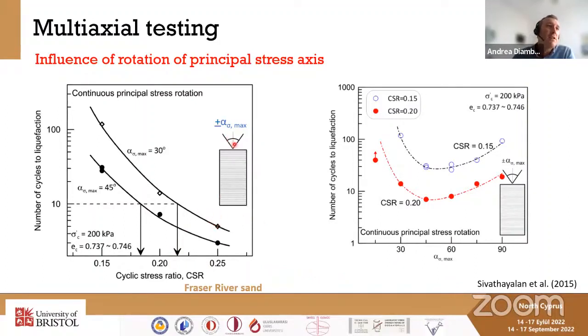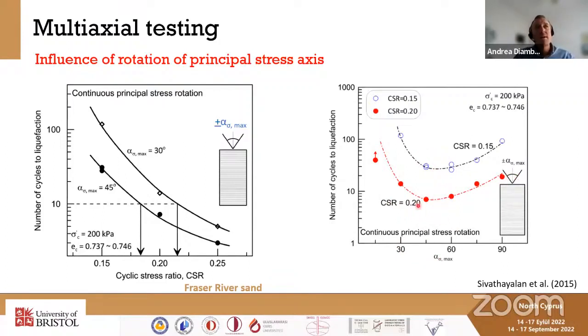In this case, instead of changing the orientation, they made the principal stress reorient between different angles, with an amplitude of 30 degrees and 45 degrees. They actually find, and you can see the number of cycles to liquefaction versus the amplitude of this cycle, that there is a minimum. It's a very similar trend to what I've shown you before, but the results are completely different, because before we were talking about initial orientation, now we're talking about a rotation. And the worst rotation is where the amplitude is about 45 degrees.